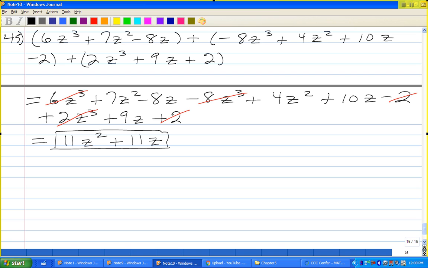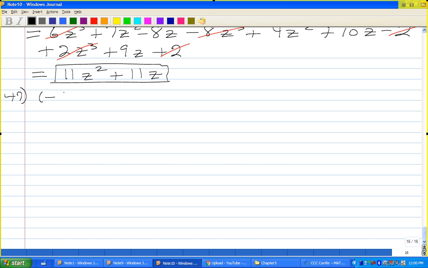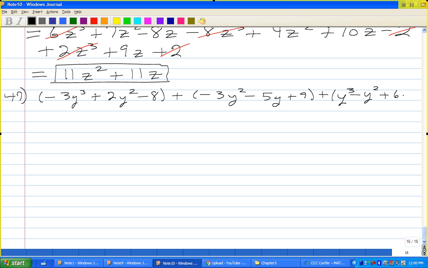47. Minus 3y cubed plus 2y squared minus 8 minus 3y squared minus 5y plus 9 plus y cubed minus y squared plus 6y.